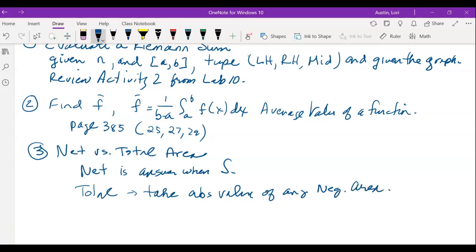Okay? Something like number 13 on page 378 kind of gives you an idea. Look at our notes from, I think, the first day we did this.